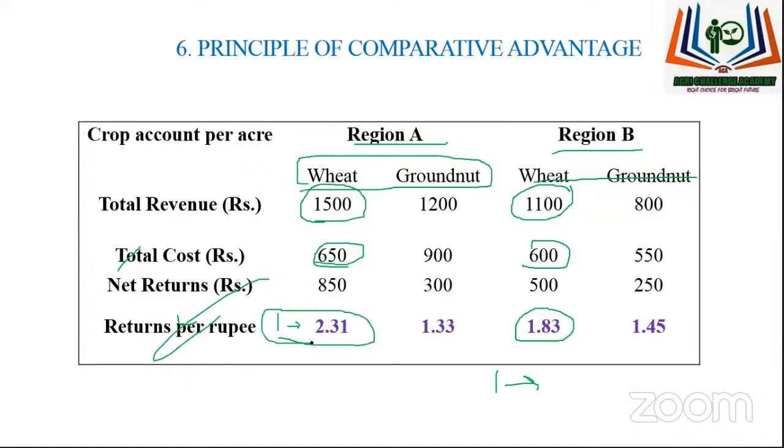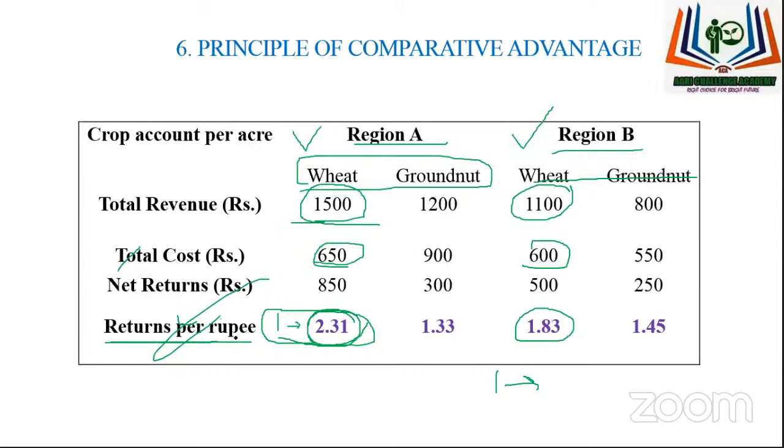Returns per rupee is total returns divided by total cost, 1500 divided by 650. That represents total returns per rupee. Here we are getting more returns: 1 rupee of expenditure gives 2.31. So we are comparing wheat production in region A and region B based upon returns per rupee.